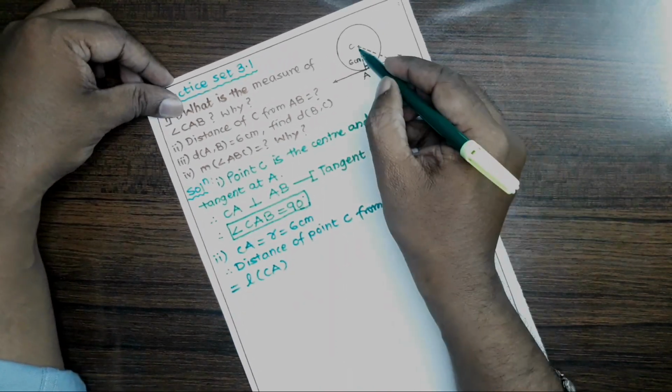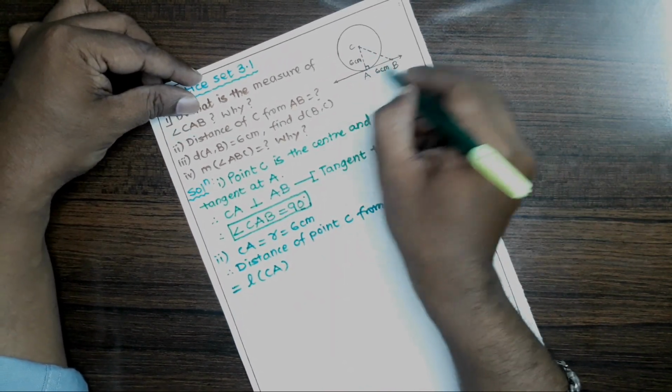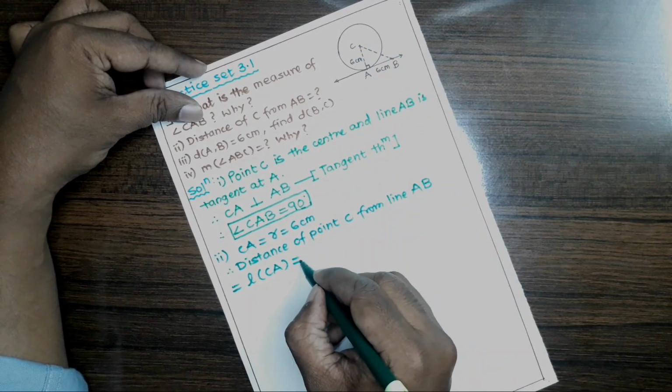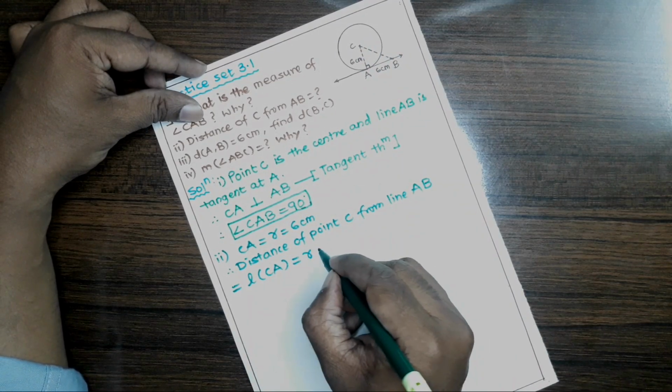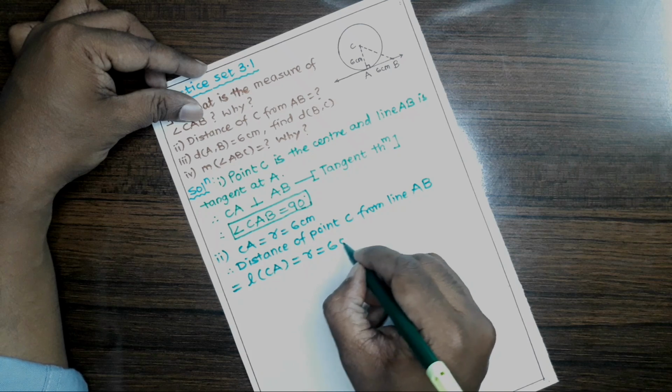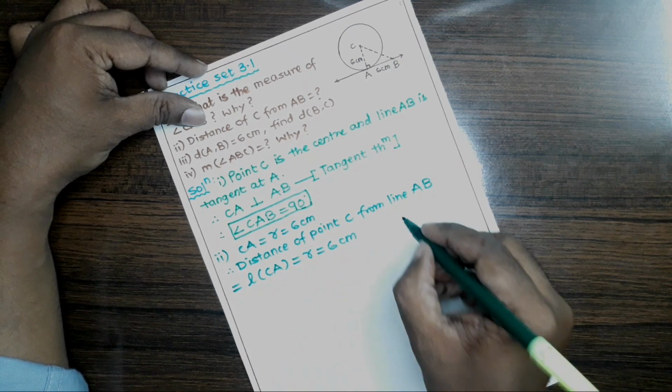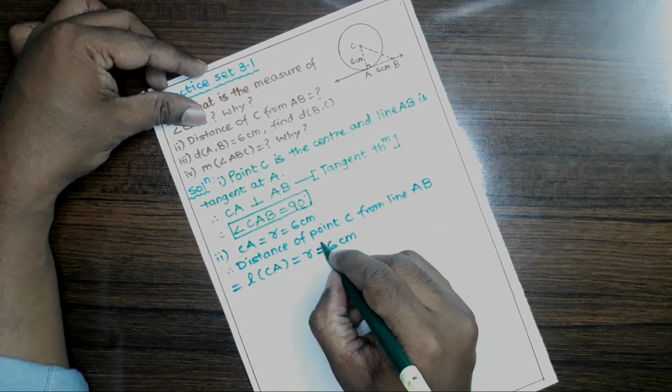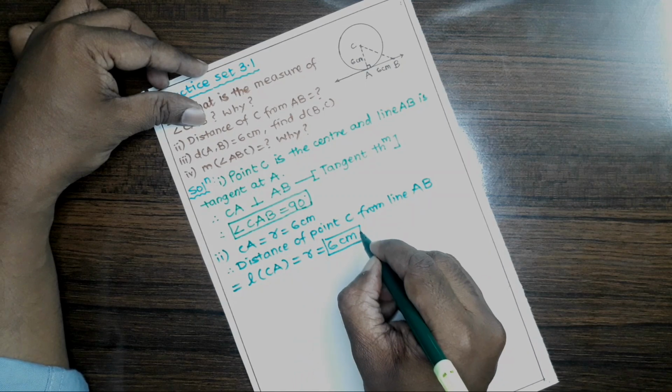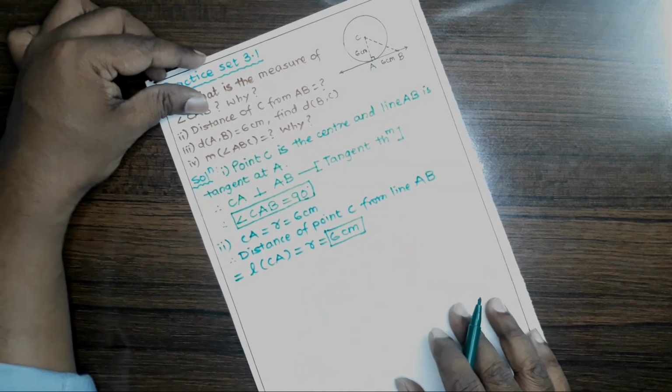So point C is at distance CA, which is nothing but R, and which is given as 6 centimeter. So our answer is distance of point C from AB is 6 centimeter.